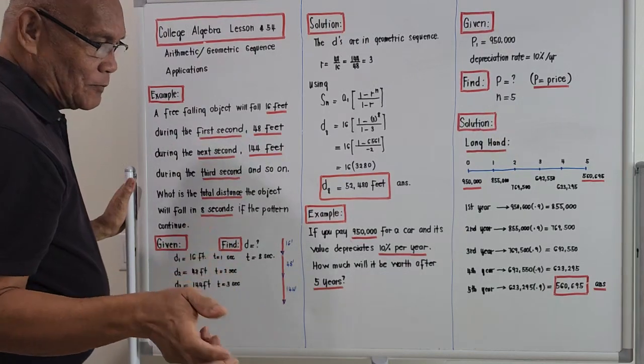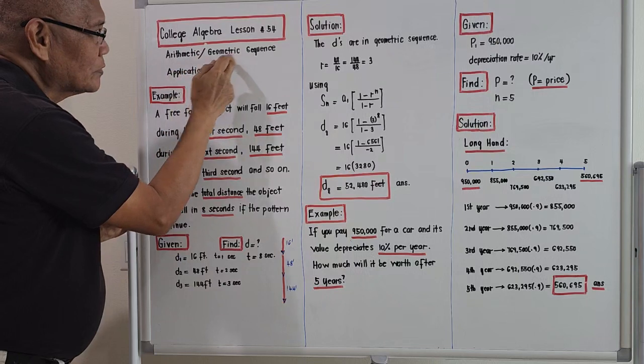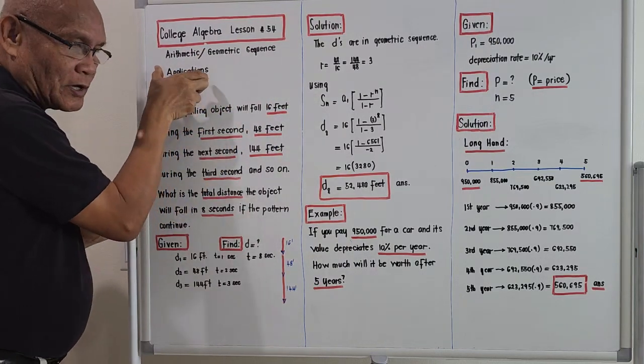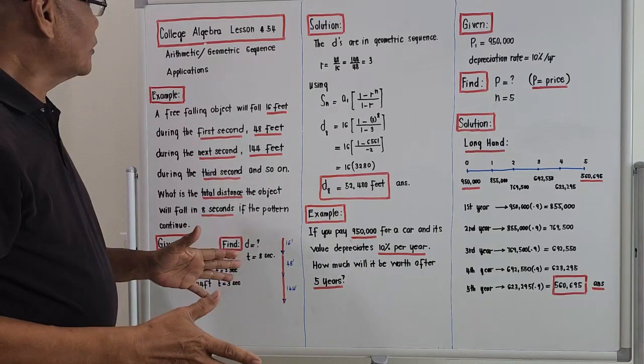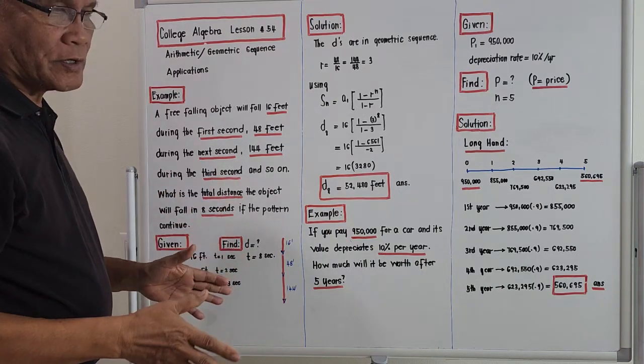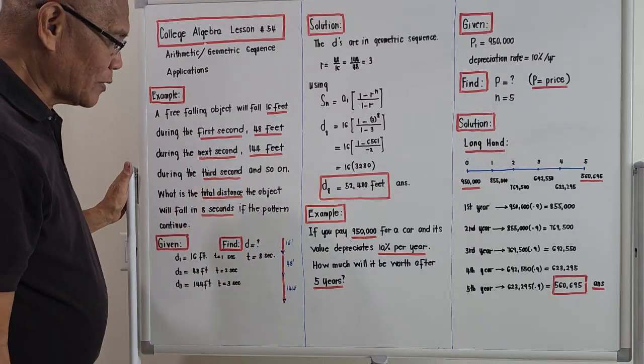The title of the topic will be arithmetic / geometric sequence application problems. It's a verbal problem that involves arithmetic and geometric sequence concepts. Okay, let's proceed with example number 1.